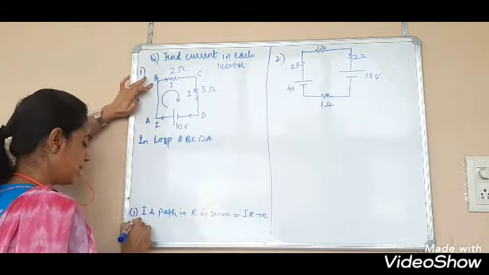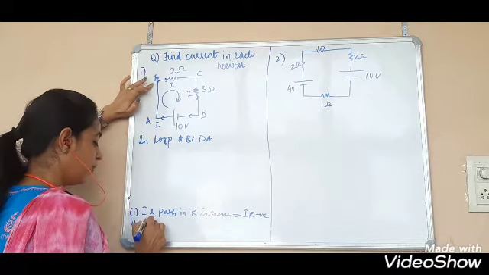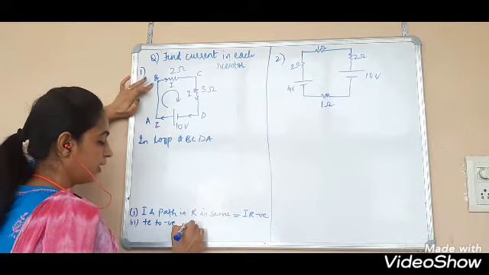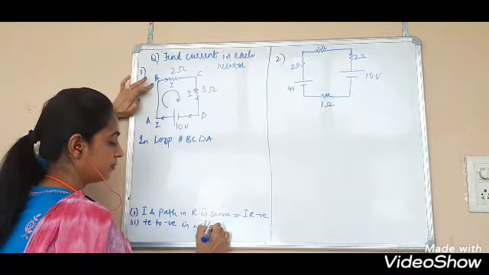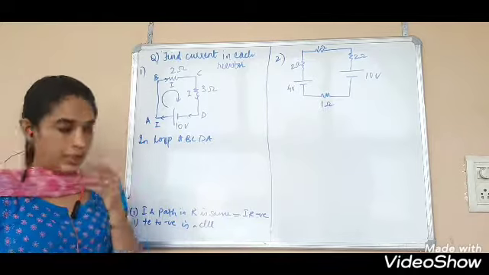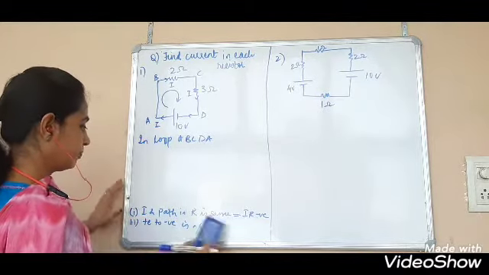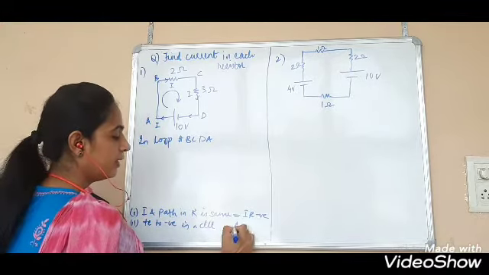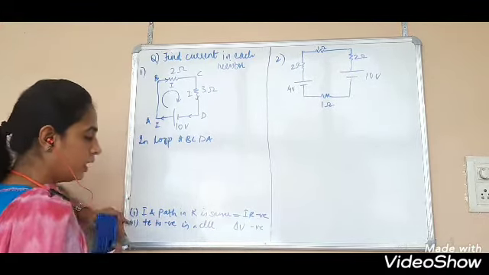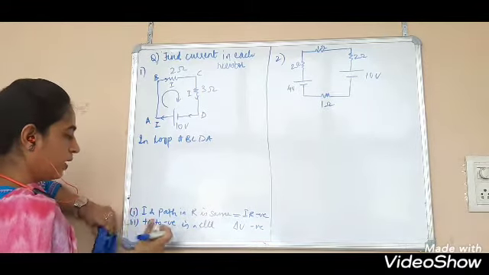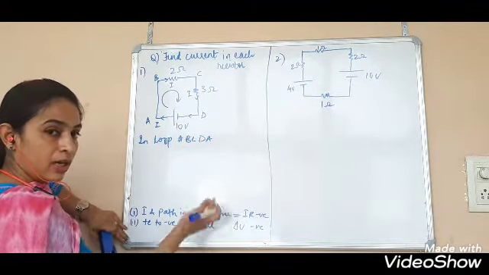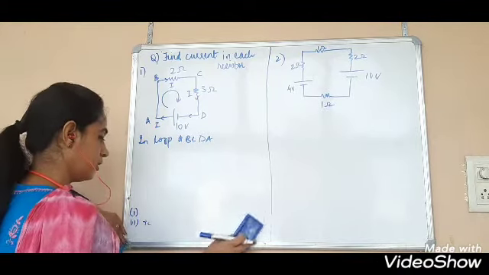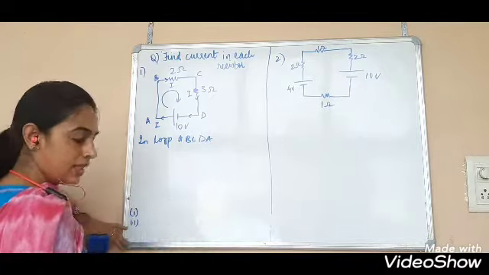Secondly, while going from positive to negative in a cell, delta V is negative. You can remember this, or you can remember that when current and path are opposite, then delta V is positive. You can remember it whichever way is easy for you, children.